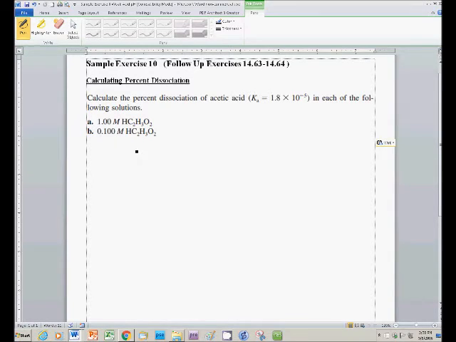So we're going to proceed the same way as in the last problem where we found the pH. We start with writing the basic dissociation for the acid. Here is the acetic acid. Now again, we'll show it in the simplified form with just the hydrogen ion and the acetate ion. I'm going to set this up as an ICE table.